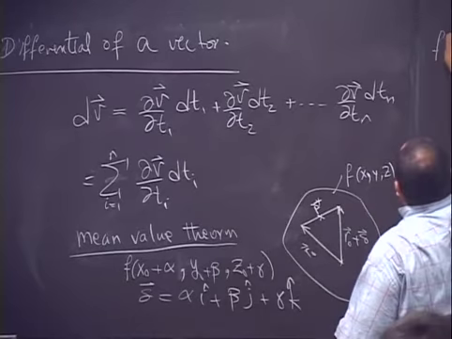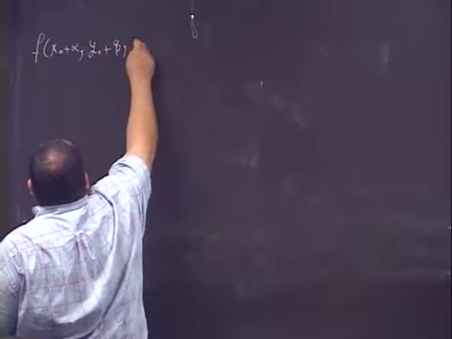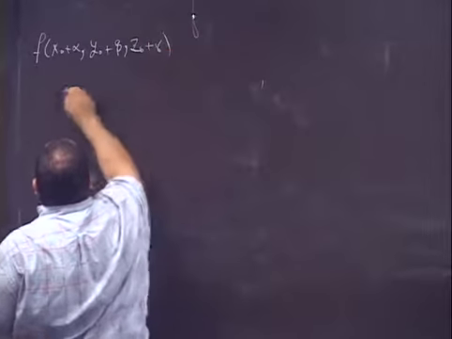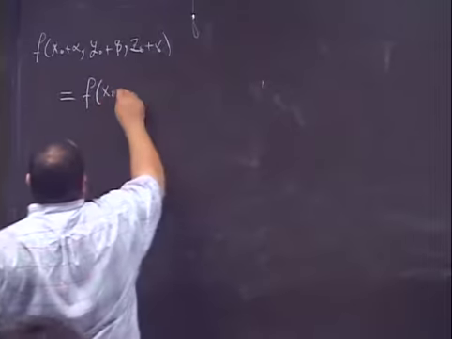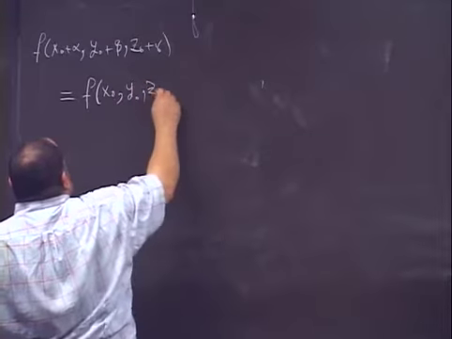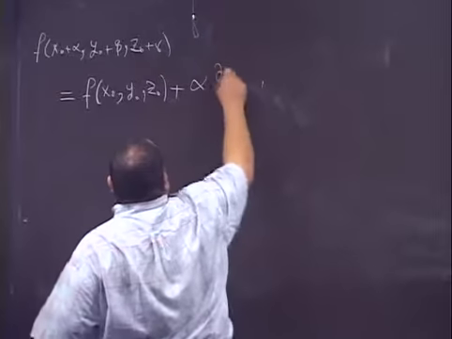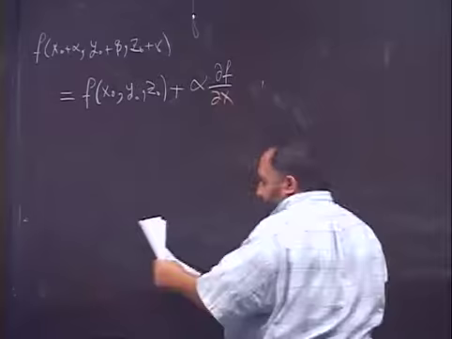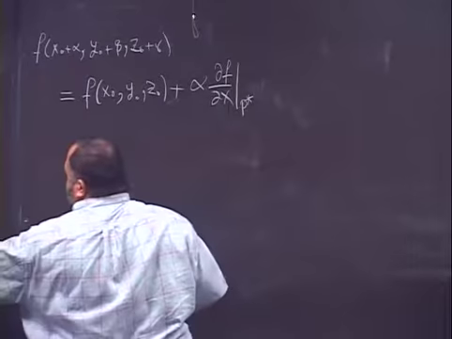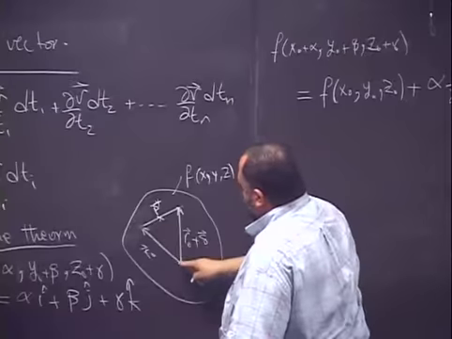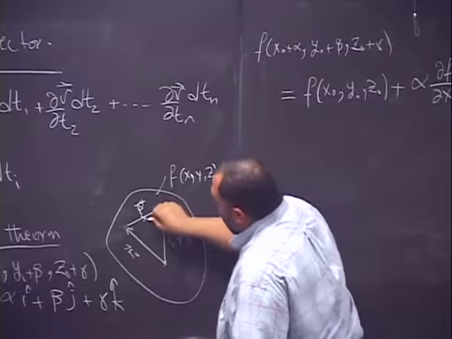So f of x naught plus alpha, y naught plus beta, and z naught plus gamma is just equal to the function at x naught, y naught, z naught, plus alpha multiplied by the differentiation of this function with respect to x evaluated at some point b, which is on the line or vector that represents delta, because this is r naught plus delta and this is r naught, so this vector is just delta.